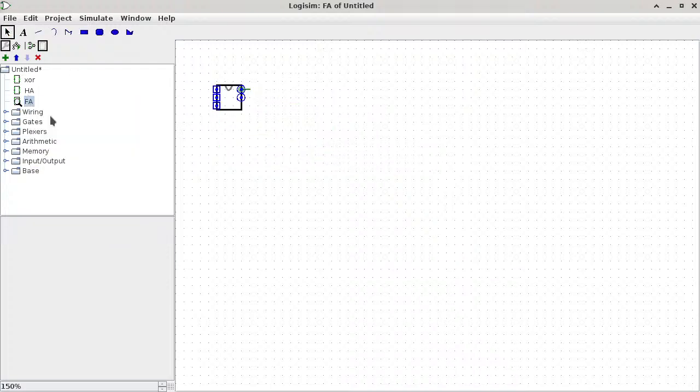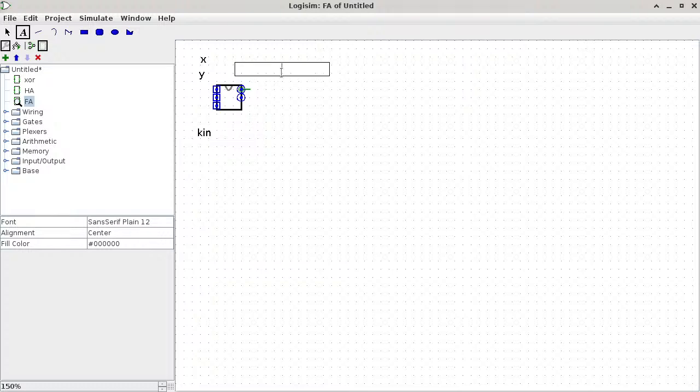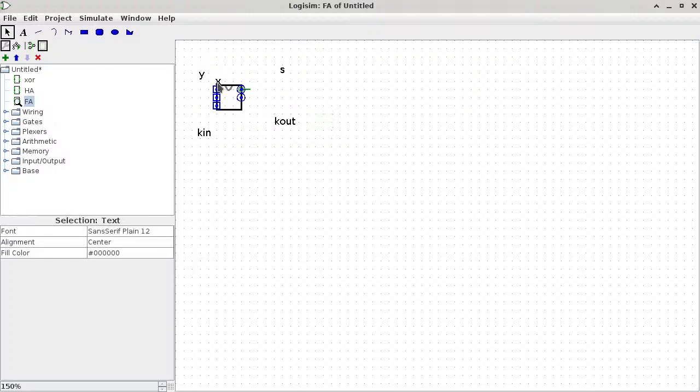So now it's time to turn the full adder into a diagram. So we go to Edit Appearance and just have to do some labeling. So we got X, we got Y, we got K in, and then we got S and K out. So now we just have to move these things around so it looks kind of nice. I think we can put X here.